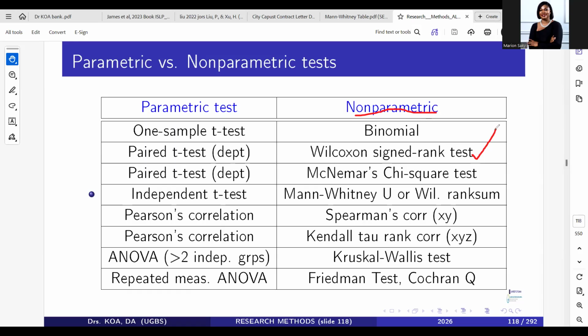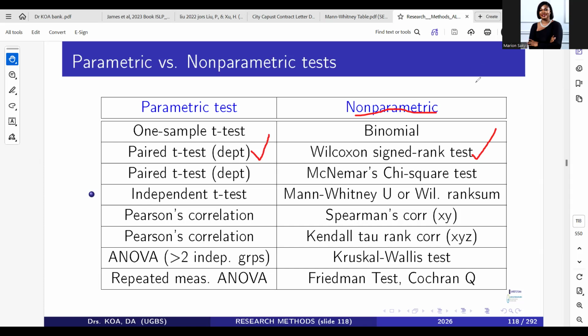But if the data is normally distributed, then you use a paired t-test. That is if the sample is still dependent.